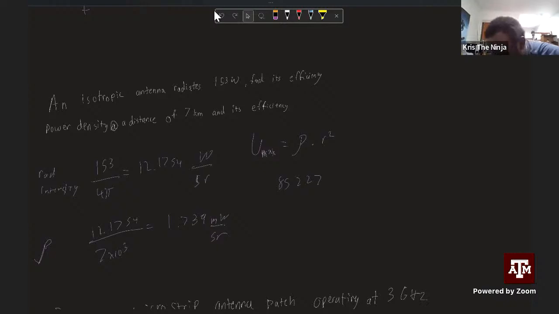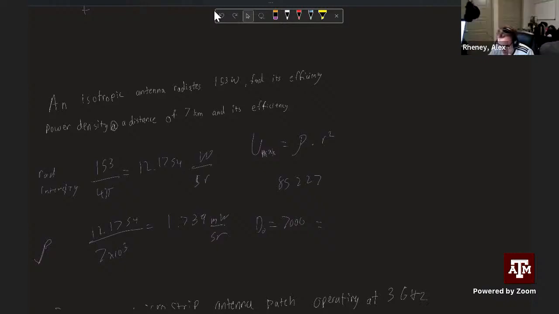So the directivity is actually 7,000 for the most part, and then in dB, I still got 38.45 dB. So you probably still solved it the correct way. It's just a matter of different terms. Okay, cool. So that's how you find isotropic antenna stuff.